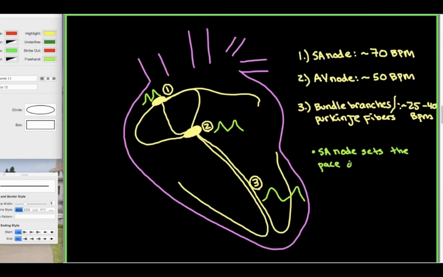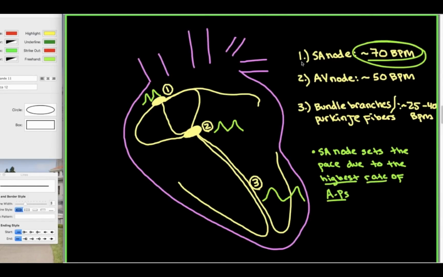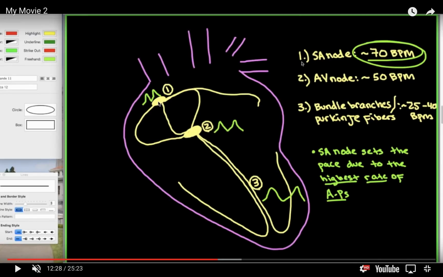So once it fires, everything else is going to follow after it. It's the fastest rate and therefore sets the pace of the heart. Once these SA node autorhythmic cells fire, through gap junctions it's going to spread that signal through this entire network of autorhythmic cells, and everybody's going to follow that faster pace.